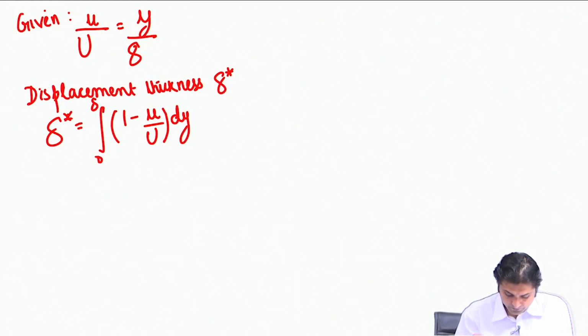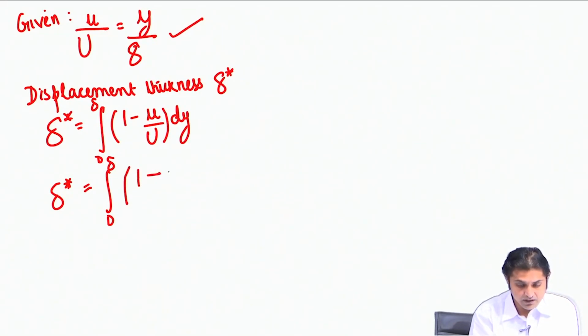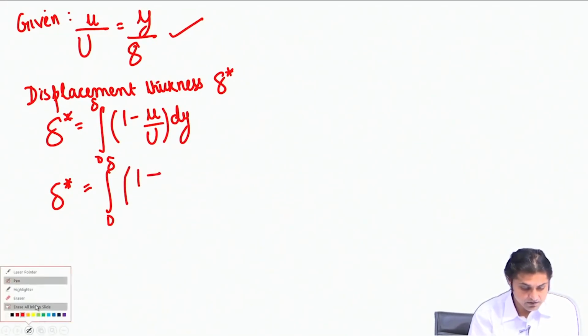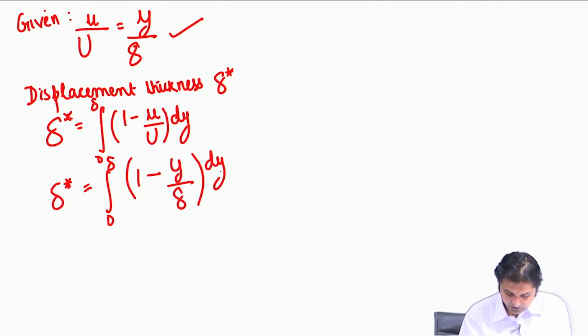Using this term here, we can write delta dash again as integral 0 to delta of bracket 1 minus y by delta, dy.